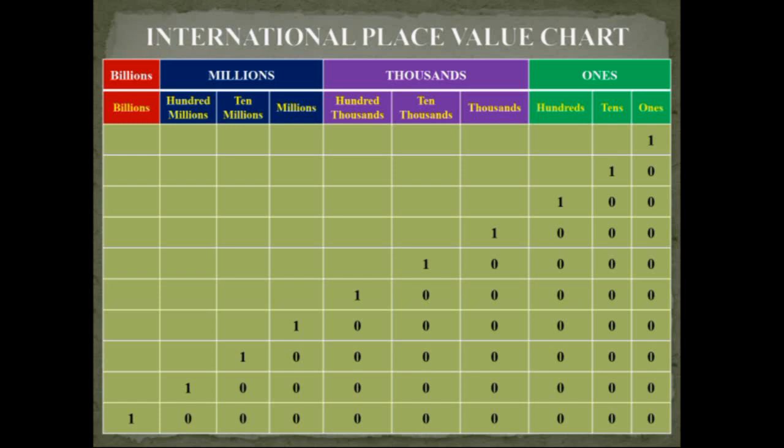There is just a minor difference between the two place value charts, the Indian place value chart and the international place value chart. The only difference lies in the place values, or let's say the name used for these place values.